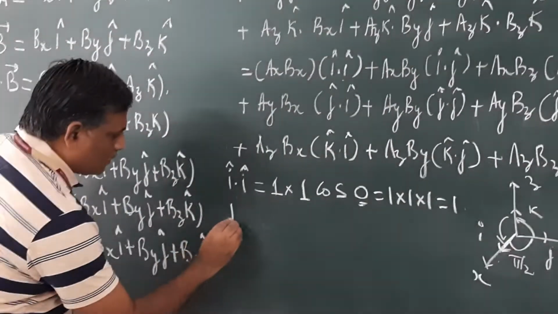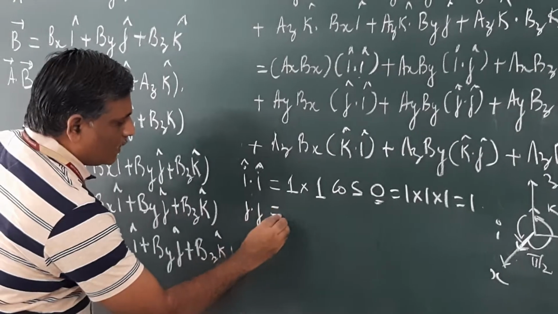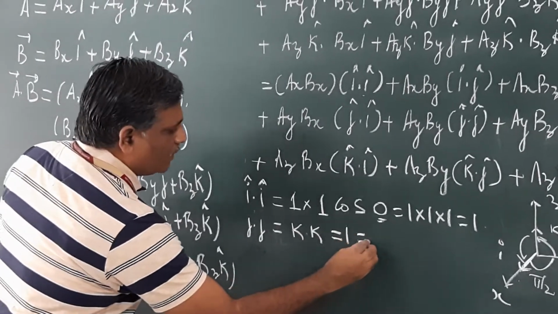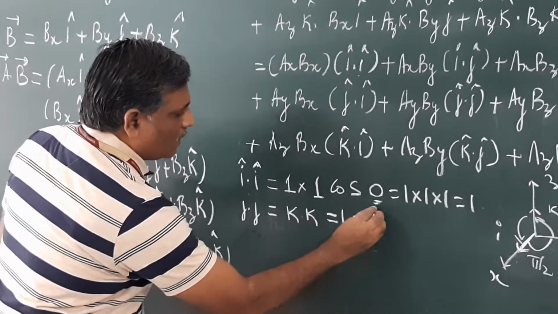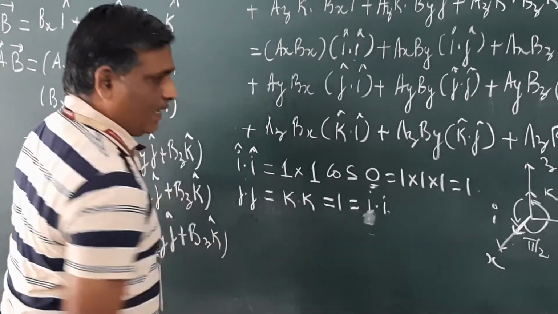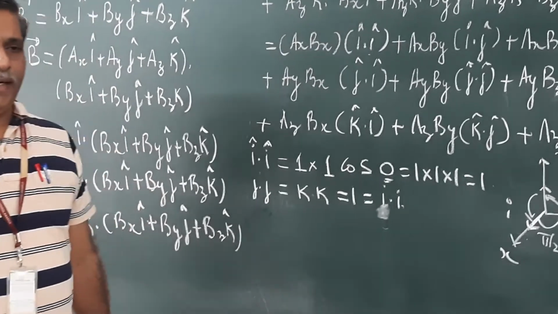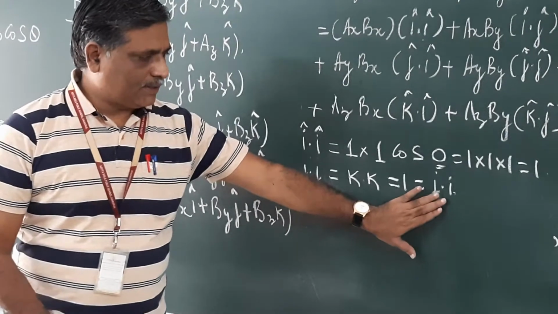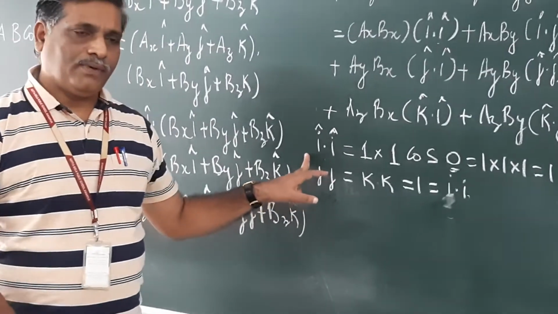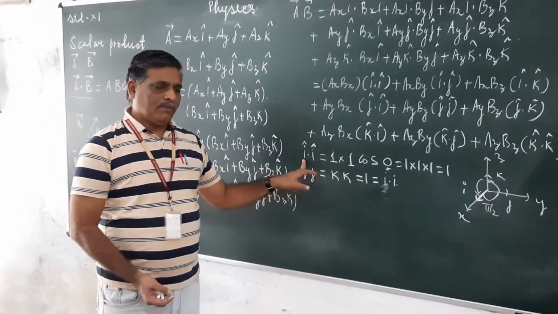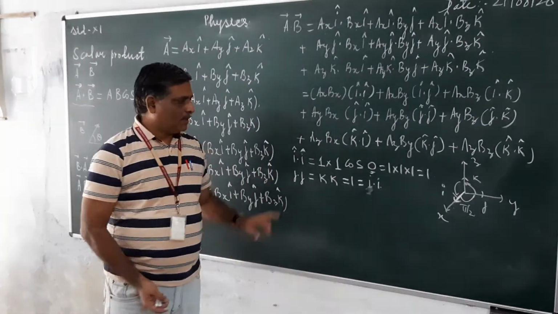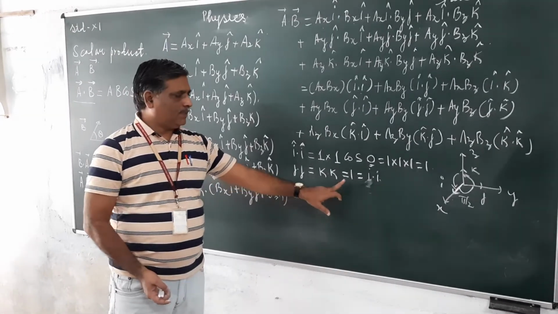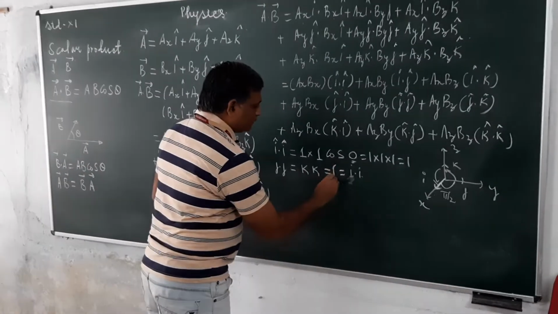In a similar manner, J dot J and K dot K are equal to 1, the same as I dot I. So the scalar product of a unit vector with itself is 1. So I dot I, J dot J, K dot K is equal to 1.